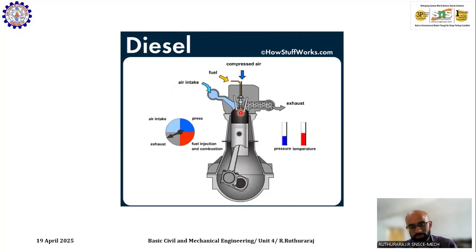So when it hits the compressed air, which will be at a high temperature, because when you compress air, as you see here, closely watch the pressure and temperature, when it is compressed, pressure and temperature are increased.